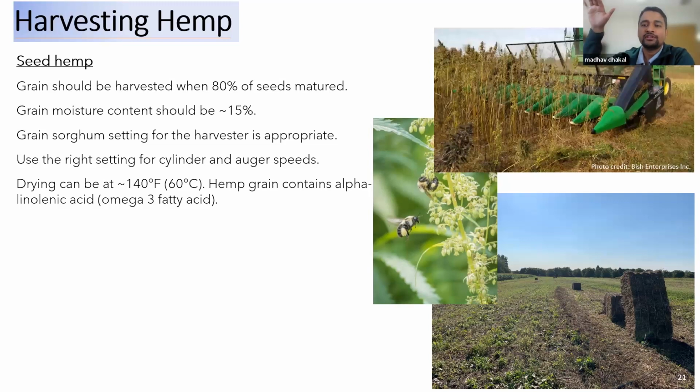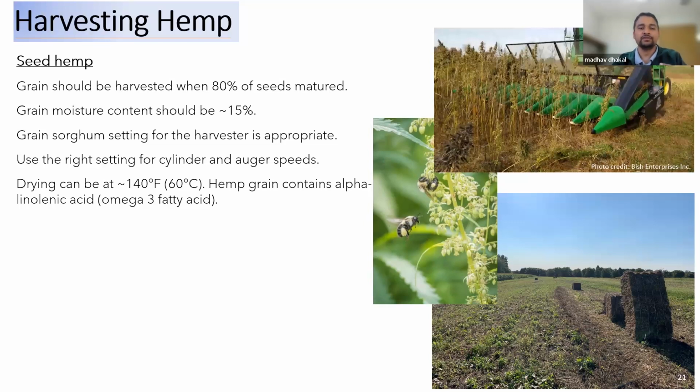It depends on how tall your crop is, but you can always adjust your setting. Seed hemp types are usually shorter than fiber hemp types, so I assume your harvester can handle harvesting the seed. Use the right setting for the cylinder and the auger speed, otherwise it could be detrimental to your equipment.